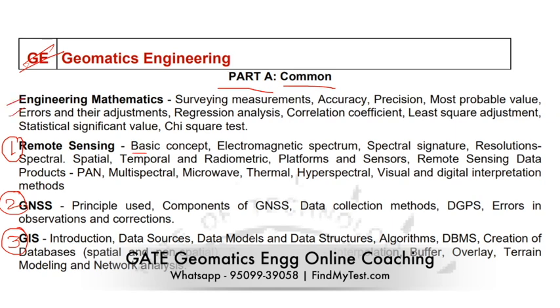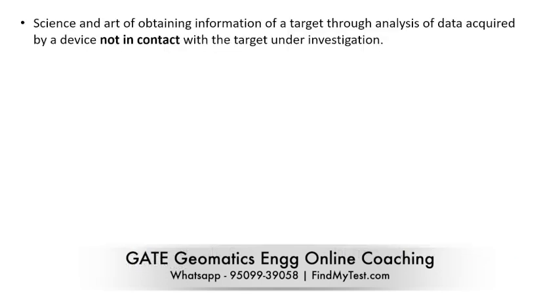Okay, so let's start with the basic concept of remote sensing. Basically, this is the most used definition of remote sensing. Any information that we gain remotely of an object is remote sensing. Thus, the object should not be in contact with the target under investigation.